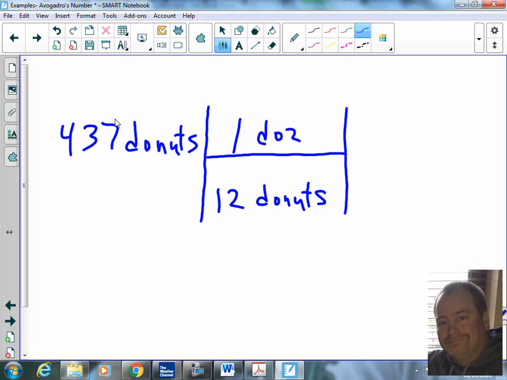I know that in 1 dozen, I have 12 donuts, right? Those are equal. I get my cancellation to occur because I have donuts on the top, I have donuts on the bottom. So what's my label going to be? Dozen. My label is going to be dozen, but I need to figure out my number.